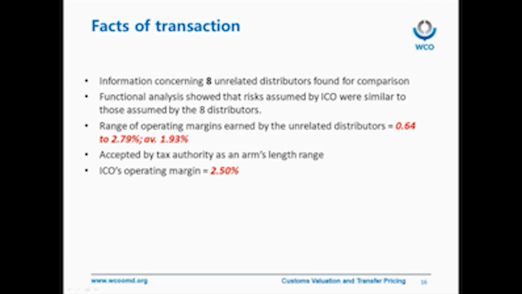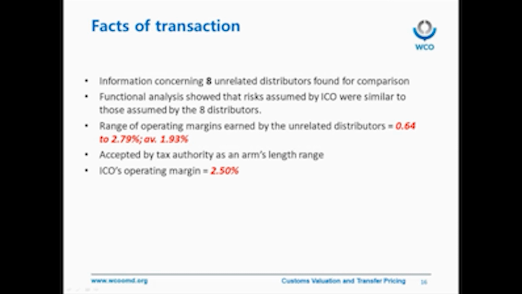So they found 8 other unrelated distributors in the country of importation for comparison purposes. And the functional analysis shows that the risks assumed by ICO were similar to those assumed by these 8 distributors. So they play similar functions.